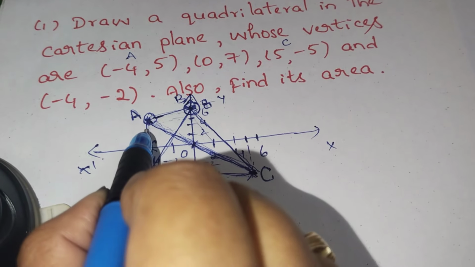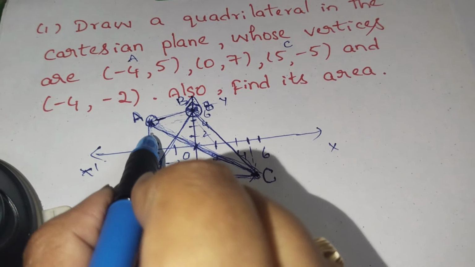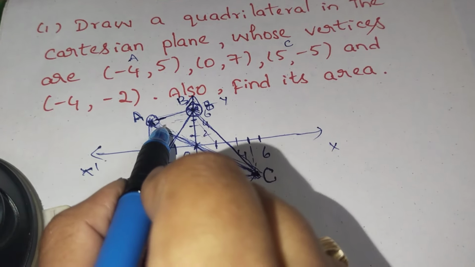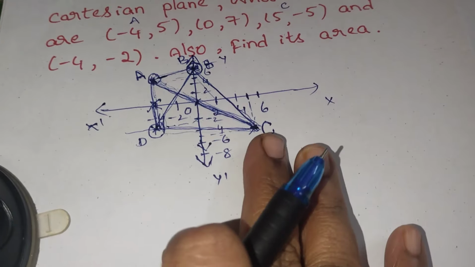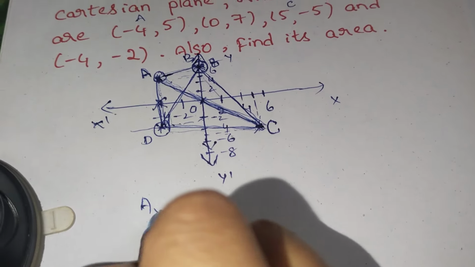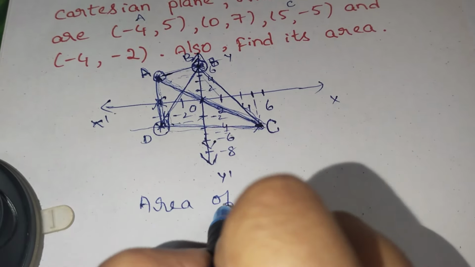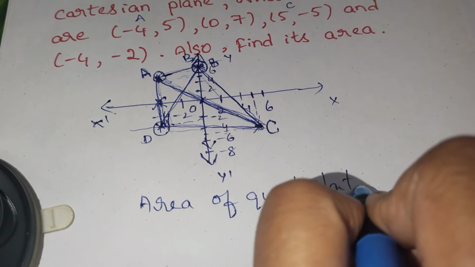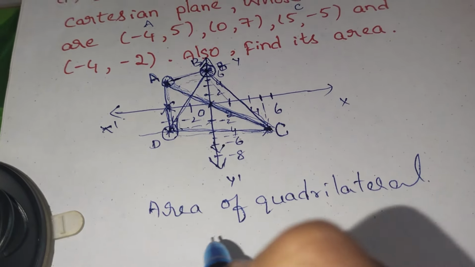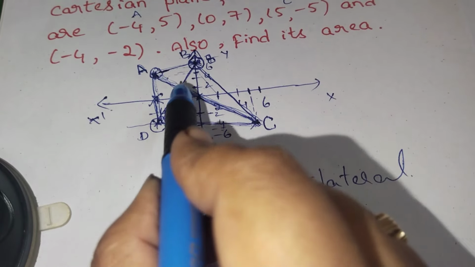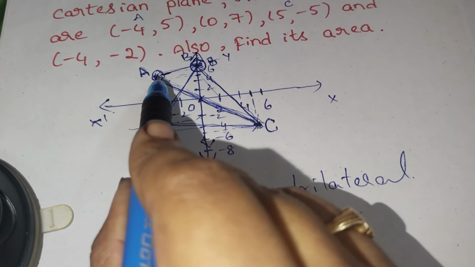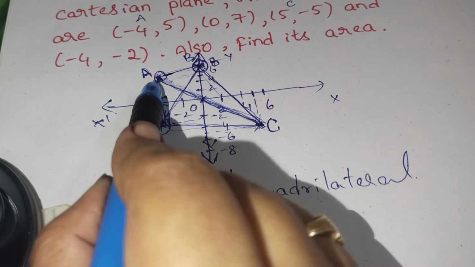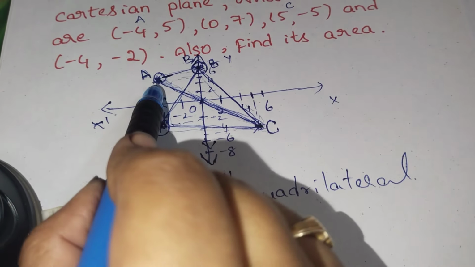So individually we find the ACD area plus the ABC area. So the area of the quadrilateral equals to. So in this quadrilateral we found two triangles. One is ACD, one more is ABC.